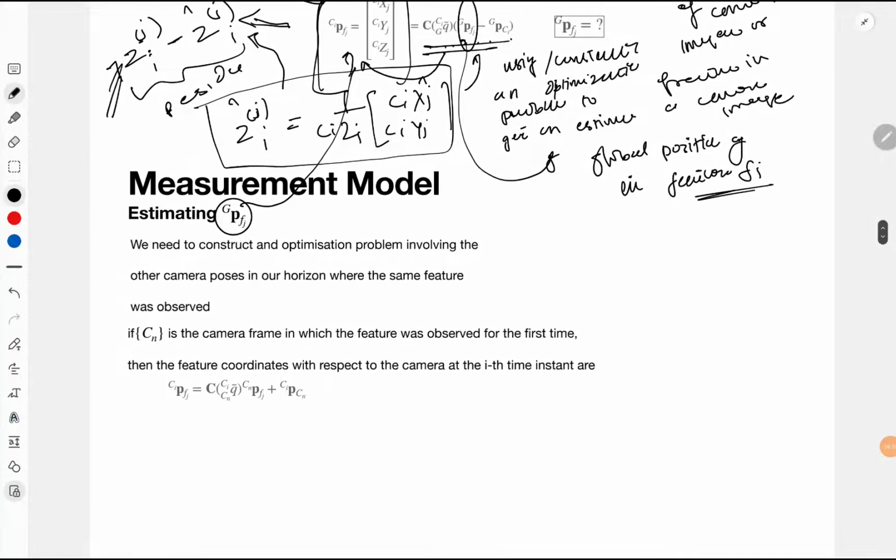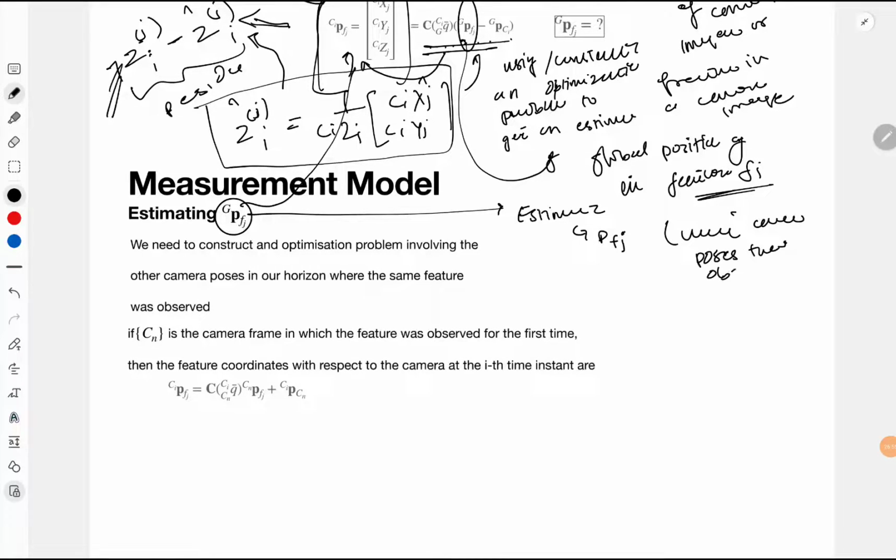So again, you would first estimate the global position, and you would do this by using camera poses that observed the feature fj.